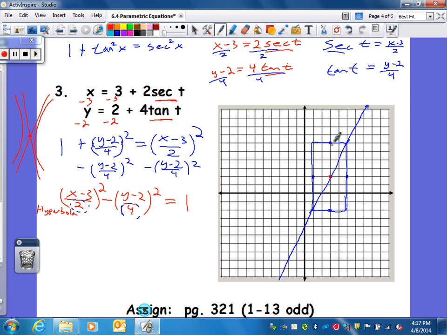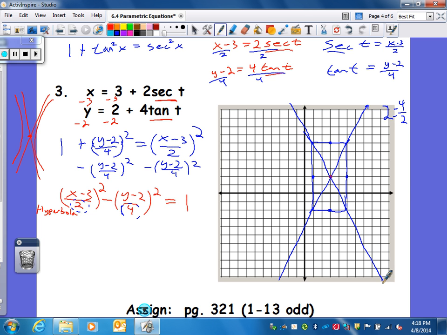We rose 4 and went over 2. Now we need to go the other way, which is again the same slope, but instead of being positive, it's going to be negative.